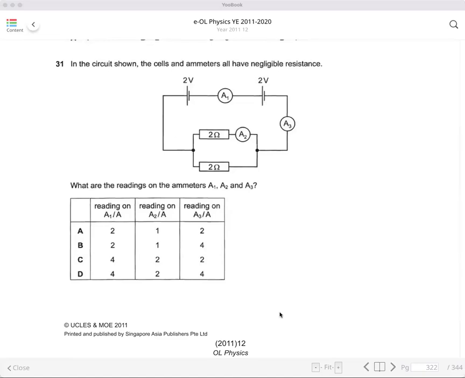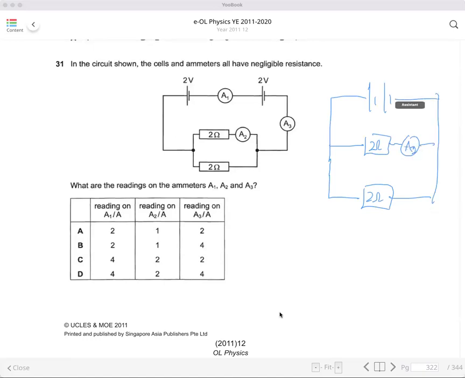For those who are confused, let me draw this in a simpler manner. Can all of you calculate A2 first?